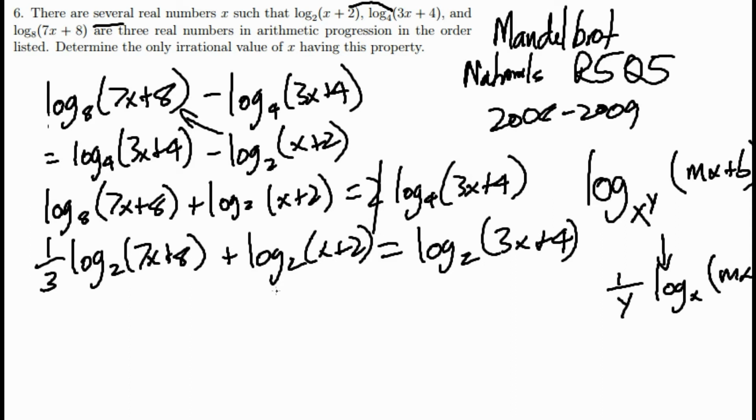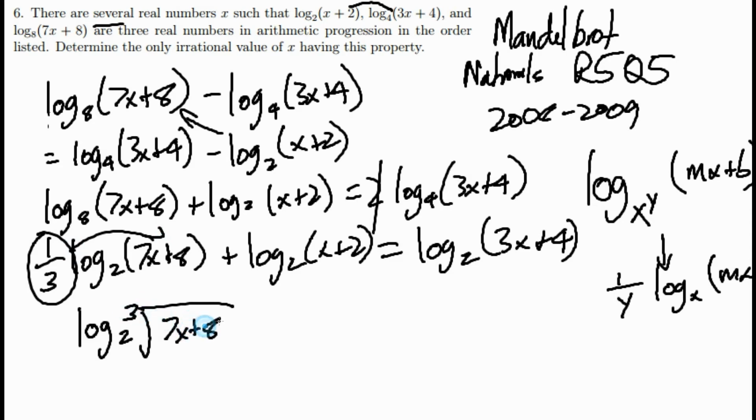What do we do next? From here we can actually get rid of the logs outright. First we make this log base 2: you can take the coefficient and make it the power, which is one of the rules of logs that we reviewed in an earlier video.